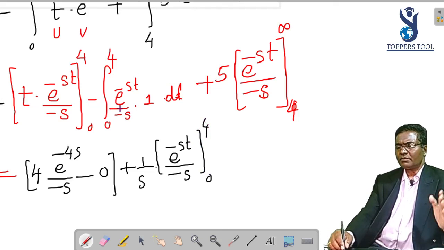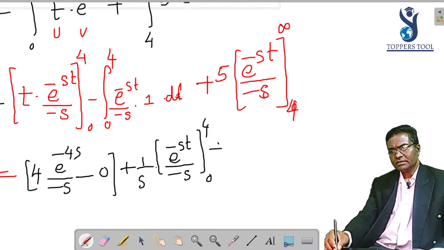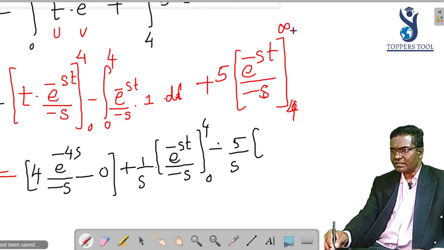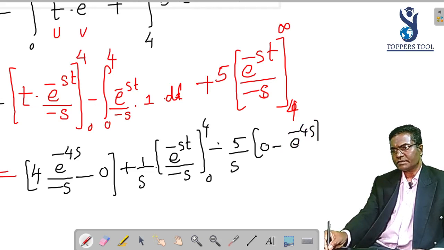Okay, it can be done in one line by Bernoulli's rule, so I will be telling it later. So minus 5 by s, substitute the limits. E power minus infinity is 0, minus e power minus 4s.